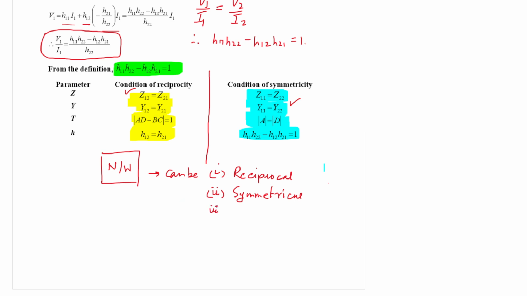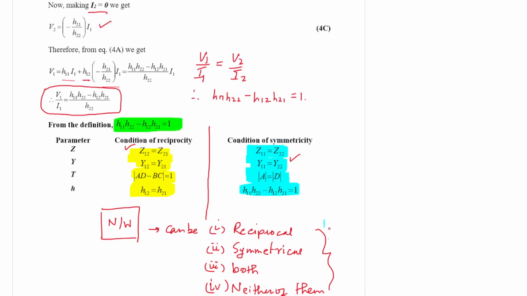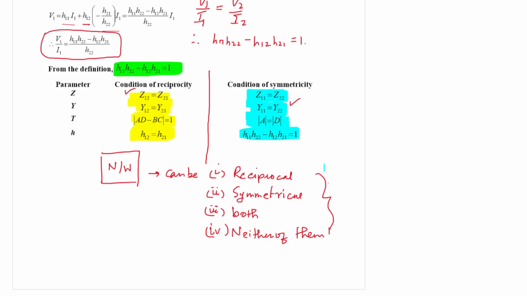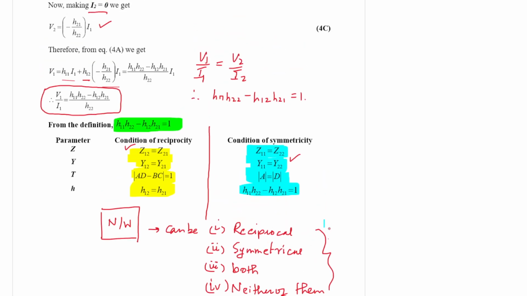Any single network can be both reciprocal and symmetrical, or maybe neither of them. That means if you encounter a network, it is not necessary that it must be a reciprocal network or a symmetrical network. It can be both reciprocal as well as symmetrical, or neither a reciprocal network nor a symmetrical network, depending on these conditions.